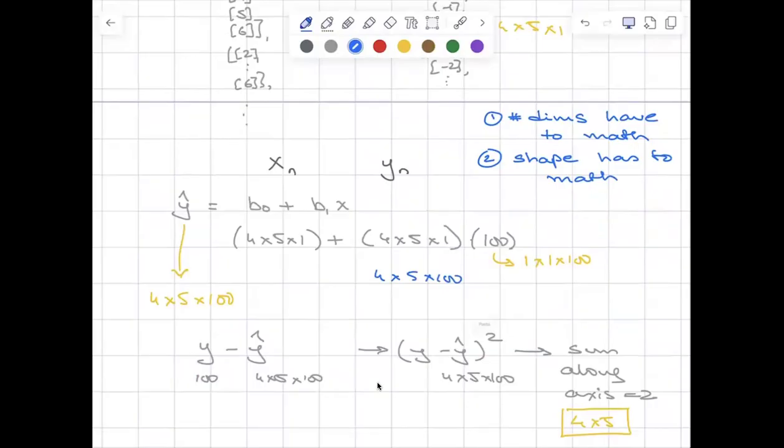And now this 100, these guys match. So I can actually do this calculation for the first column. But now the 5 doesn't match. But that's okay because I can take this 100, replicate it 5 times. And then I can take this 1 and replicate it 4 times. That is what broadcasting is doing for us.